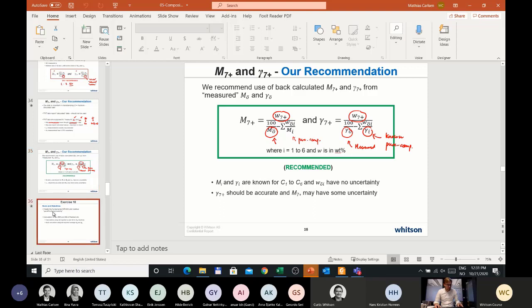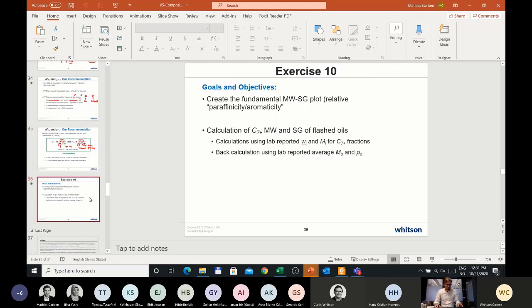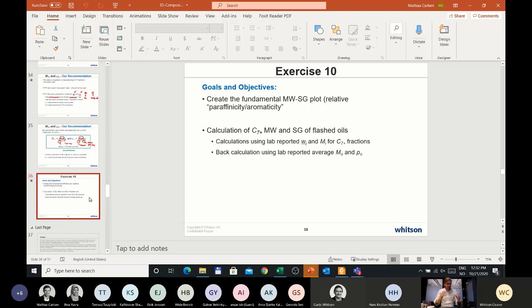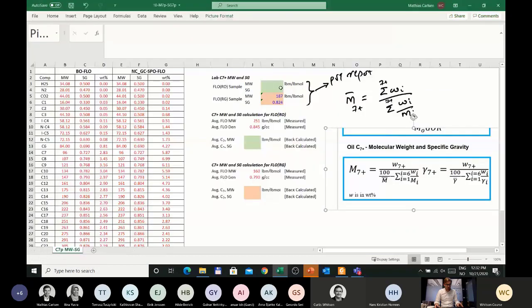So exercise 10, which we'll do together now real quick, is to show the difference for the two PVT reports we have attached in this course between the direct calculated way using the Katz and Firoozabadi numbers and actually back calculating based on the measured values.